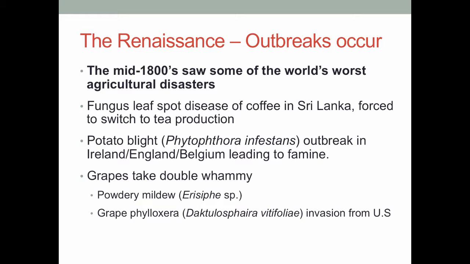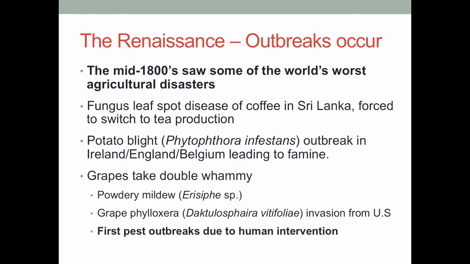We also had the famous potato blight showing up, so the Phytophthora infestans, which caused the Great Potato Famine. And then perhaps most famously, at least from a pest control perspective, would be the fact that grapes in Europe took a huge double whammy from powdery mildew and from grape phylloxera.